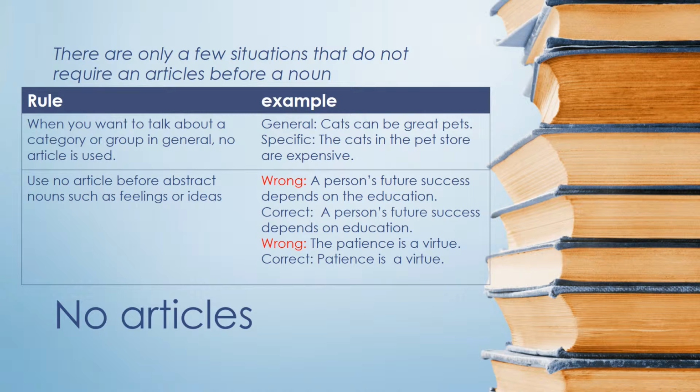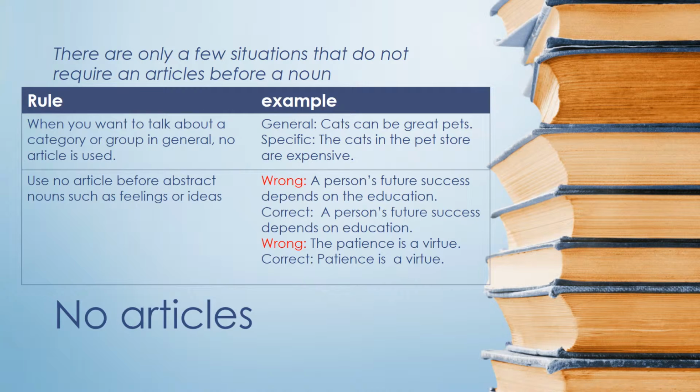And also another rule with no articles being used is if it's an abstract noun such as feelings or ideas. Now there's an example that gives us a statement saying, a person's future success depends on the education. Now, education is not very specific, right?